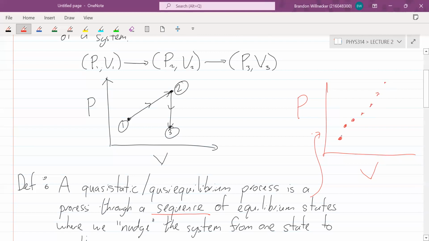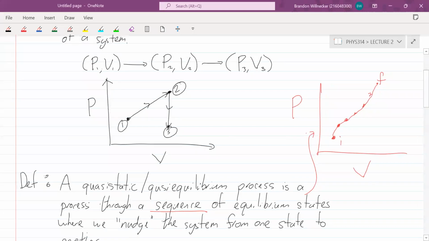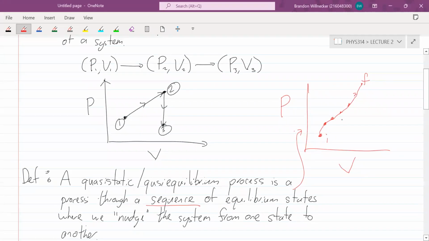I can connect them like this, and I get myself a thermodynamic process. So I've got my initial state and final state. This process here is quasi-static because it goes through equilibrium states. That's all you need to know about quasi-static, nothing else.